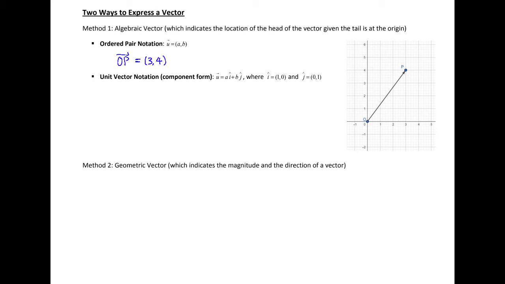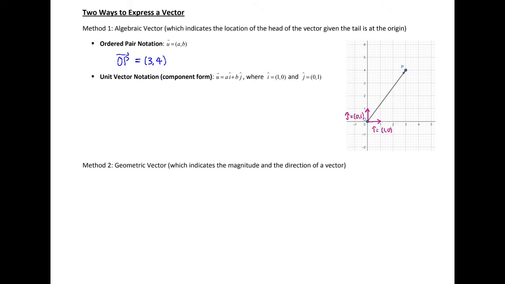The second notation is called unit vector notation. We are using the unit vector of the x-axis, which is this one. We call the unit vector i, which is defined as (1, 0), and unit vector j, which is defined as (0, 1). And a unit vector is denoted by a hat.